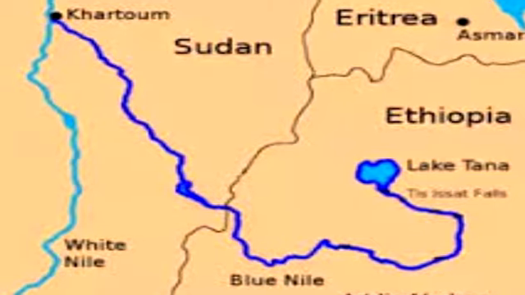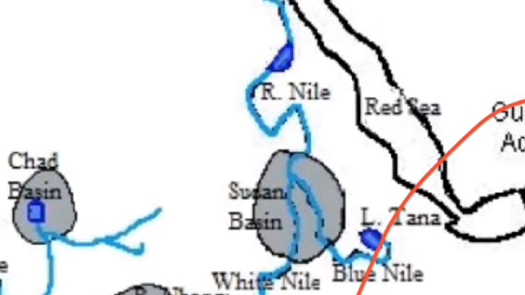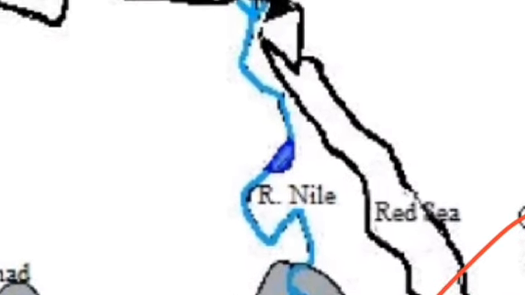The river flows all the way through the deserts in Sudan and Egypt, and finally empties its water into the Mediterranean Sea, where it ends in a delta.